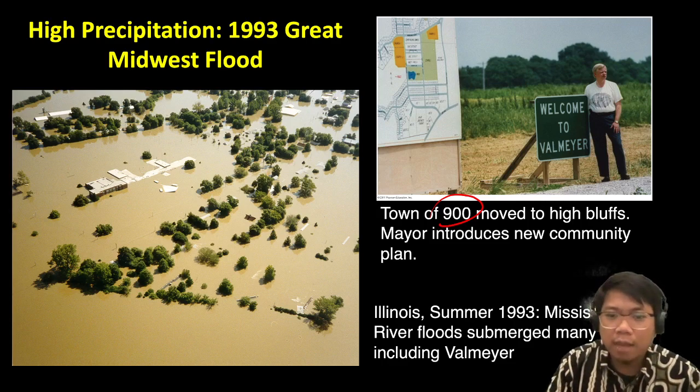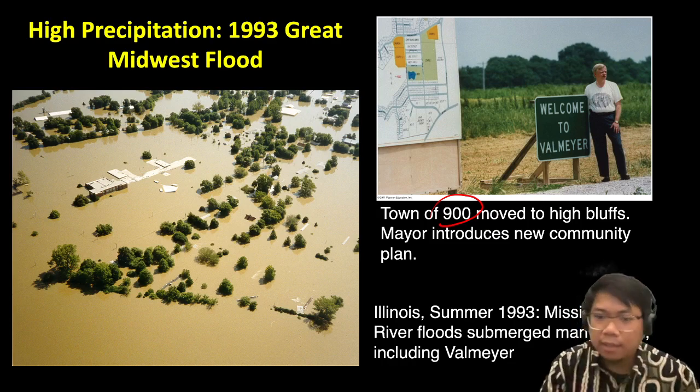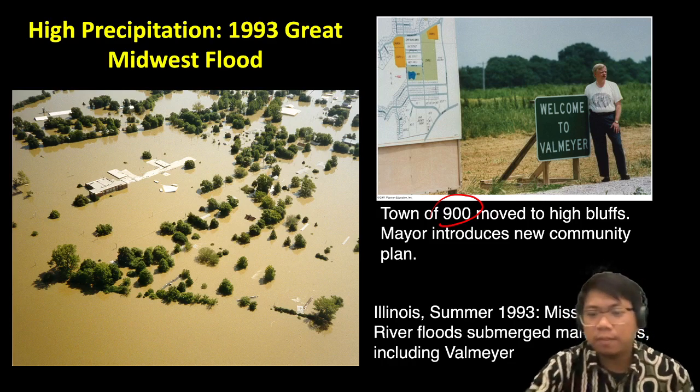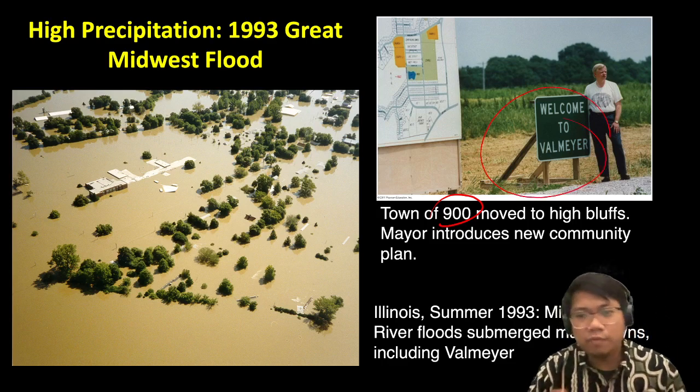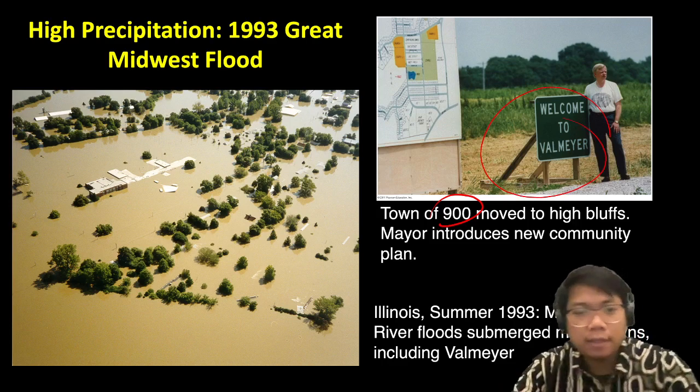So again, this is what happened here in Illinois. In summer 1993, the Mississippi River flood submerged many towns, including Valmeyer. So they moved the entire town of Valmeyer to a new place.